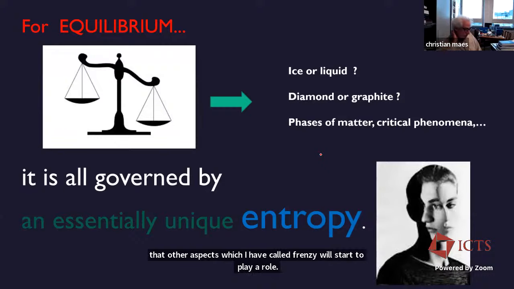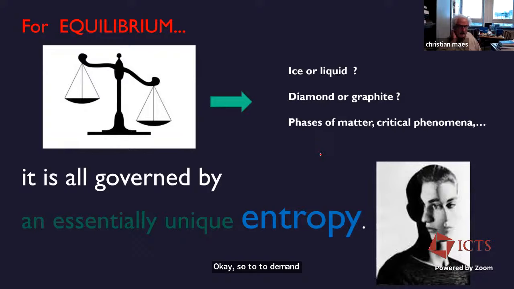Okay, so to remind ourselves, let me start by telling you about the miracle of equilibrium. The miracle being that basically the thermodynamic potentials govern a lot. Let me call it just the entropy.